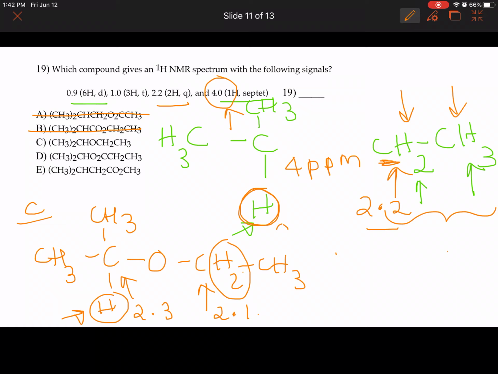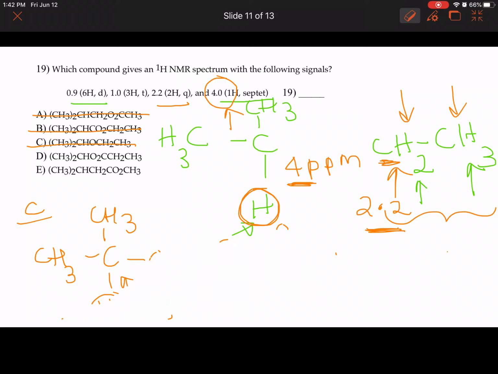Remember, the more carbons you have, the higher the frequency, due to the carbon being more electronegative compared to the hydrogen. But we do have a prominent chemical shift change in the given data, 4 and 2.2. So it should not be this molecule either, having oxygen in the middle.